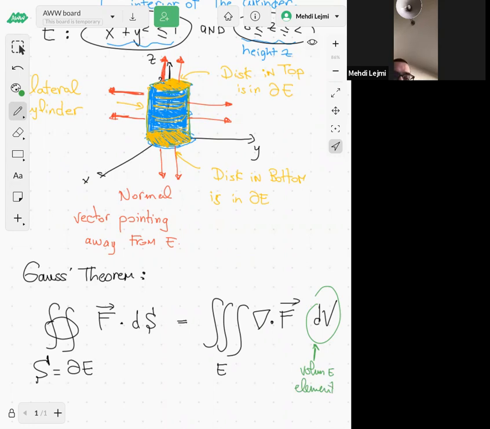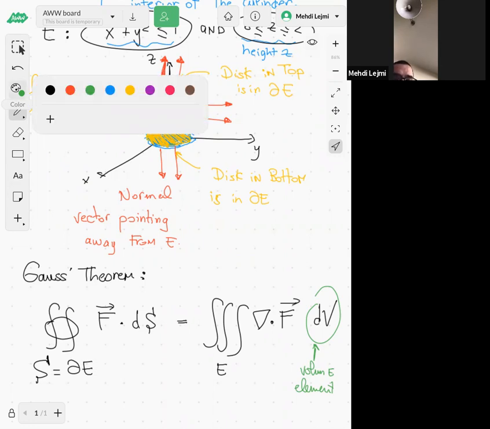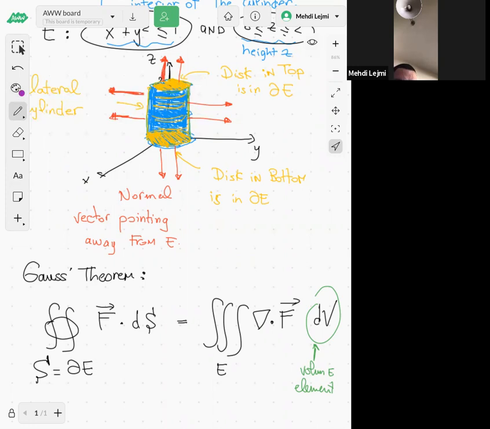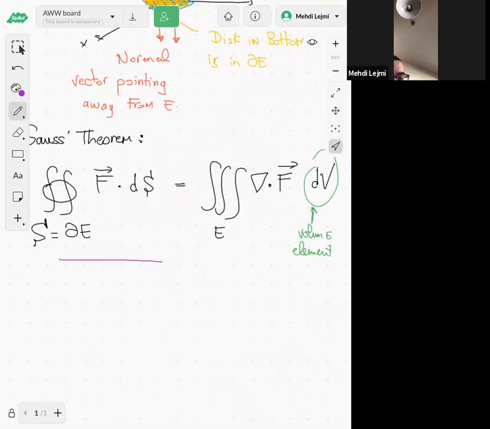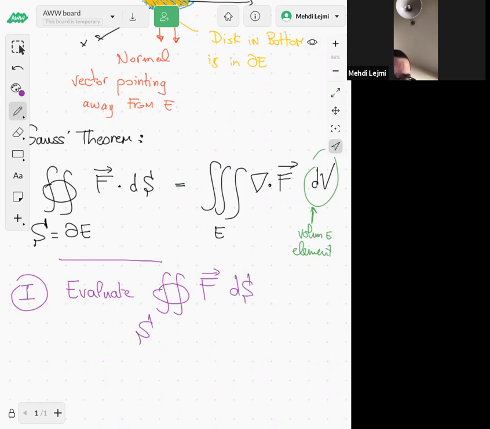So let's start with the left side of the Gauss theorem. We're going to evaluate the left side. So let's first evaluate this double integral of the vector field F along the boundary of the solid E. What's known in this integral?